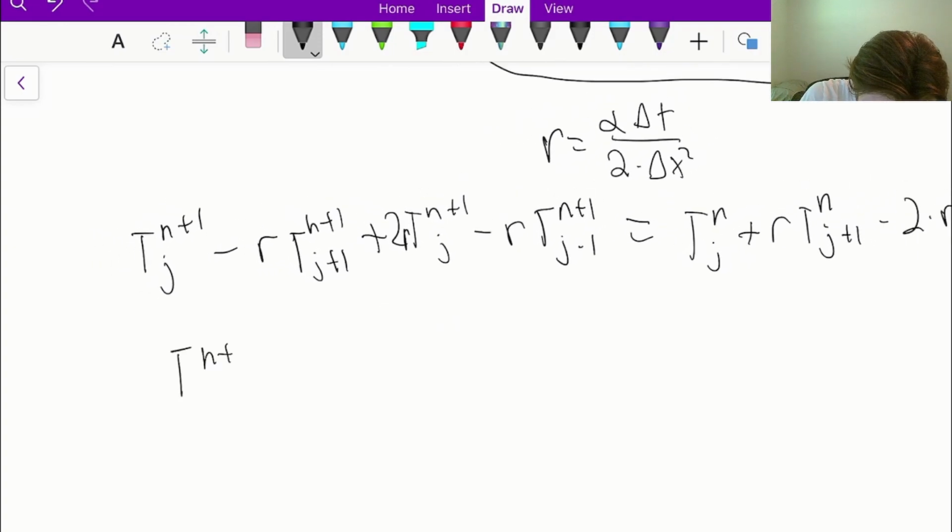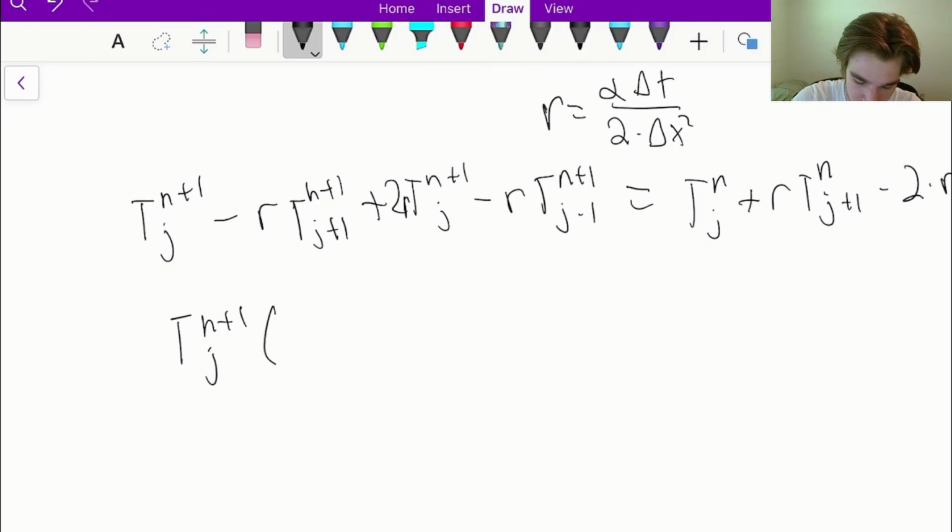So we get T at n plus 1 at point j is going to be multiplied by, because we're taking that commonality out of the equation above. So we get minus r e, and then we're only switching delta x here.